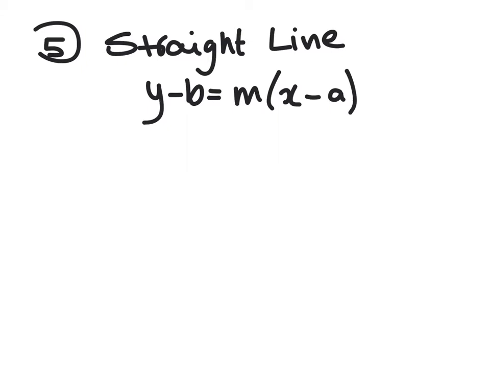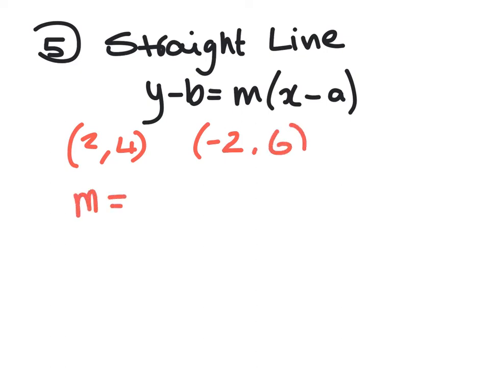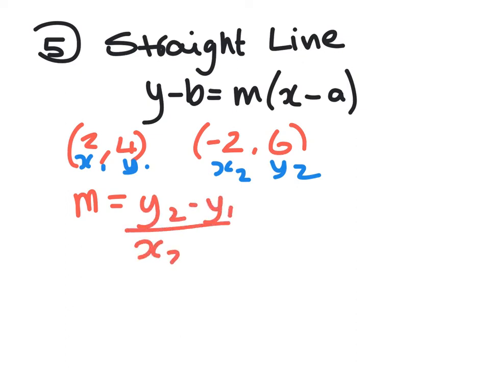Question 5, find the straight line. So let's say, for example, I had the point (2, 4) and the point (negative 2, 6). Okay, the first thing I need is the gradient. Now the gradient is, let me write these in for you, x1, y1, x2, y2. So the gradient is y2 minus y1 over x2 minus x1.